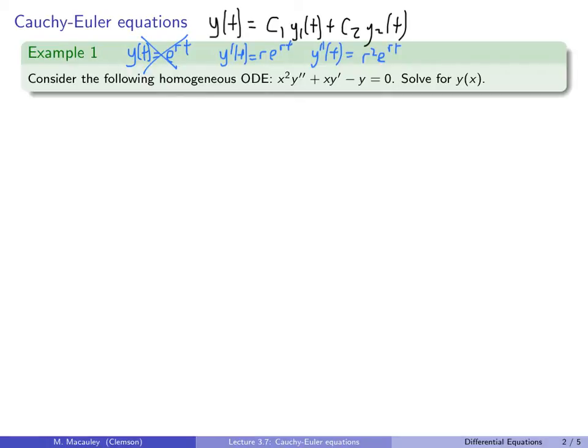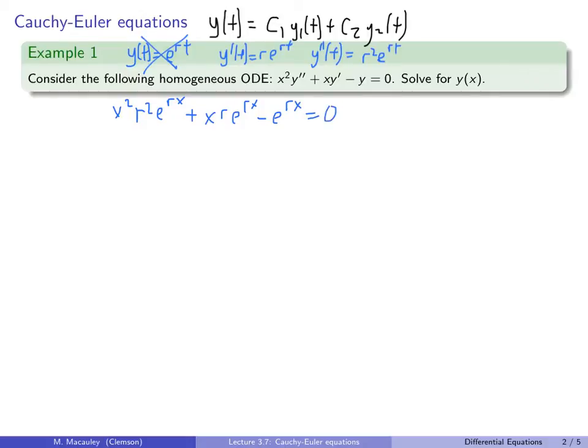Let's see what's going to happen. So we're going to get x squared times y double prime, which is r squared e to the rx, I need to switch back to x, plus x r e to the rx minus e to the rx equals 0.